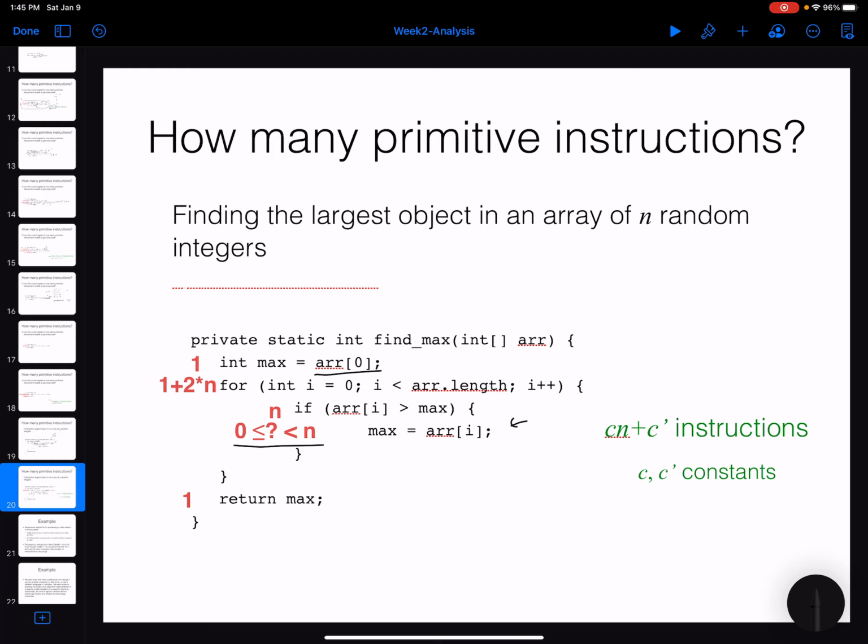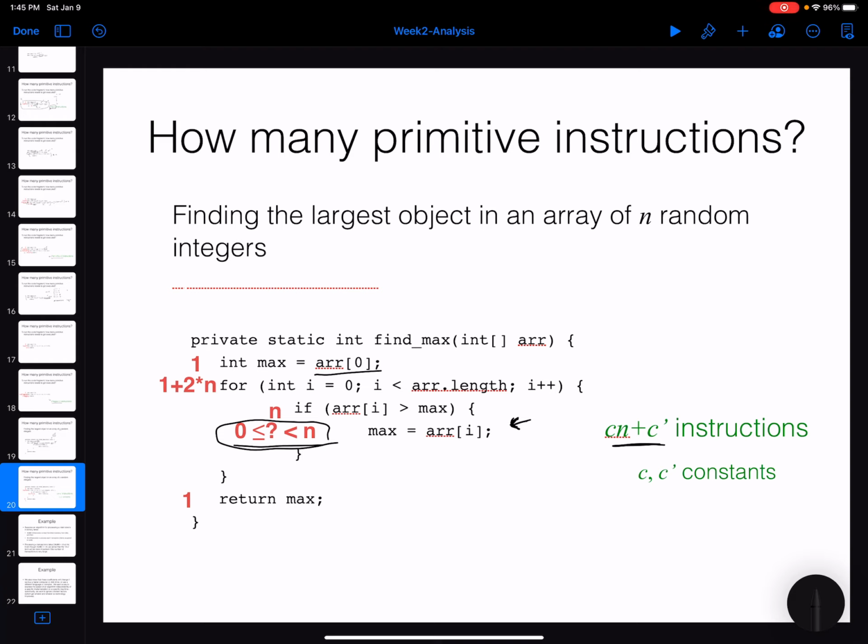But the thing is, even if I don't know the number of times that I execute this line, I still can write the simple instruction count in this way, right? Because there are two extremes.